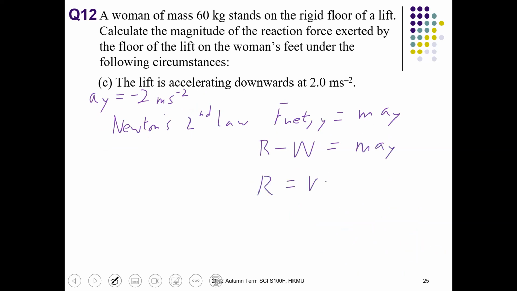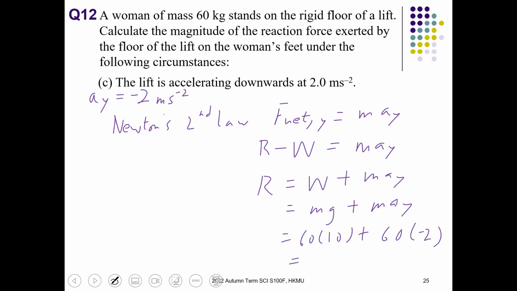Again, R equals W plus m a_y, and this is mg plus m a_y. But now there will be a little bit of difference because the acceleration is now -2. So the normal reaction goes below the weight. This is 480 Newton. So virtually the woman loses weight when the lift is accelerating downwards.